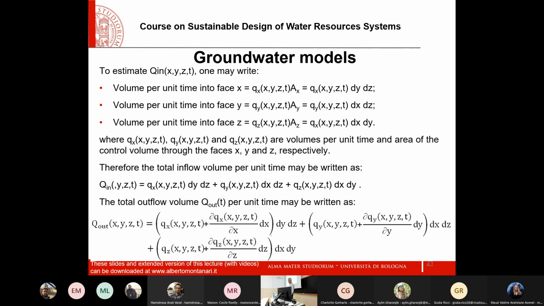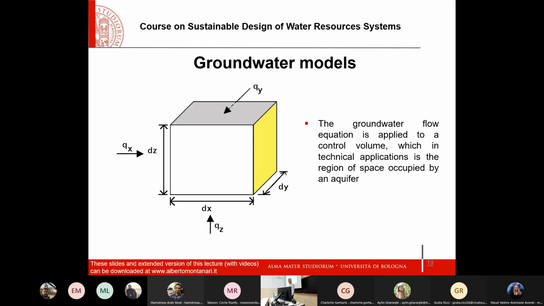Let me go back a couple of slides. You see that if you look, for instance, at the lowercase qx, what is the area of the yellow face, which is orthogonal to the X direction?